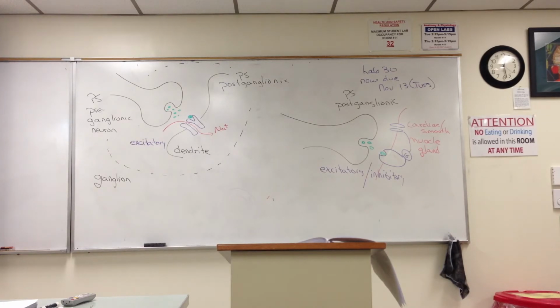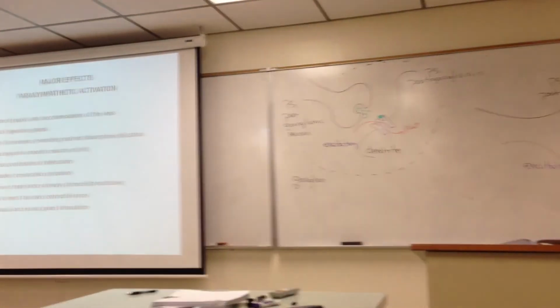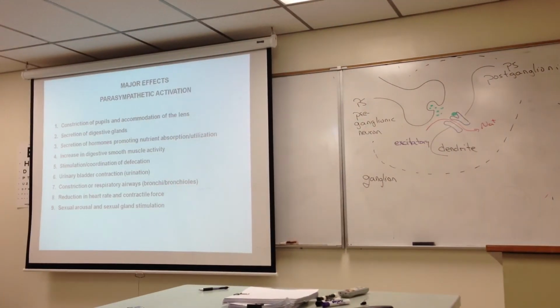So when we look at the activities of parasympathetic, remember our general classification, this is what we'll end up with today. Our general classification of parasympathetic is rest and digest. So normal activity, constriction of the pupils, accommodation of the lids. So looking up close, salivary gland and digestive stomach activity, small intestine activity.